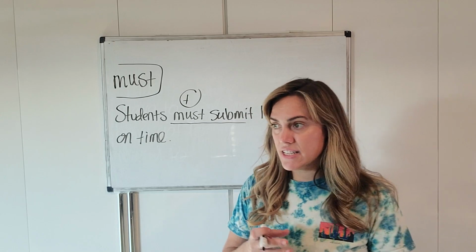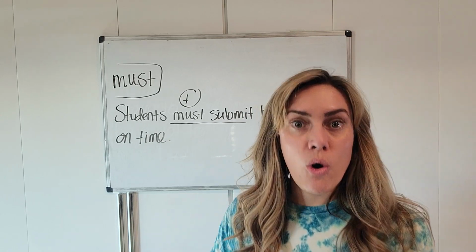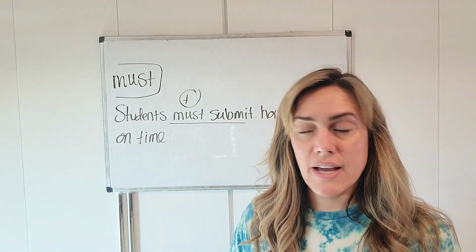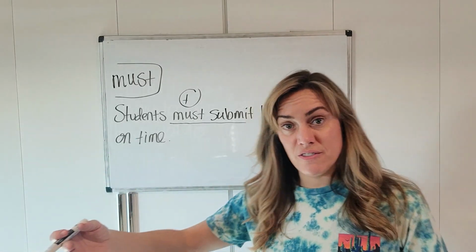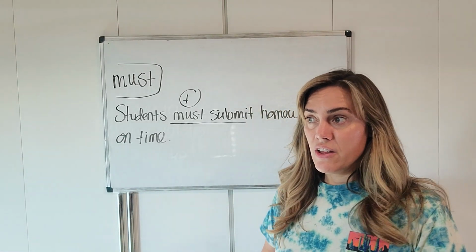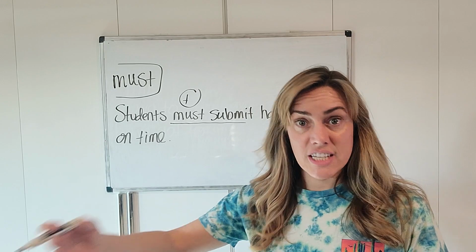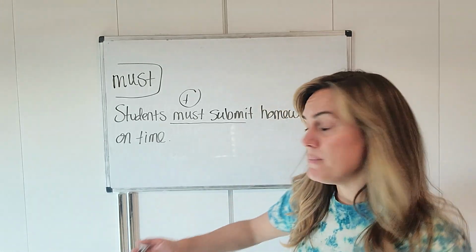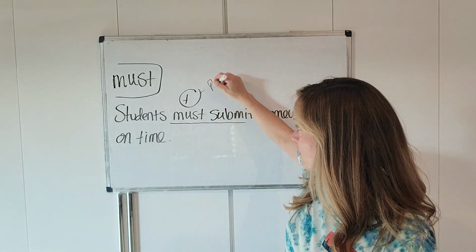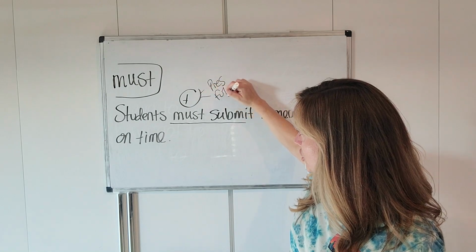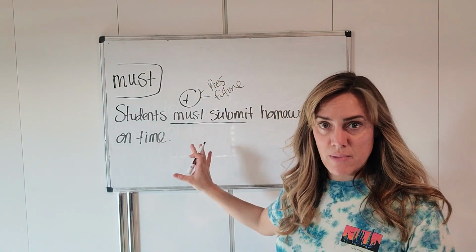In this class, students must always, right, submit work on time. But it can also refer to the future, like in a few weeks, you must still submit your work on time. So it could be for the present and future, but we just use must.